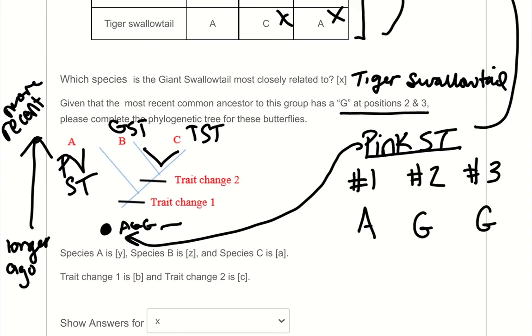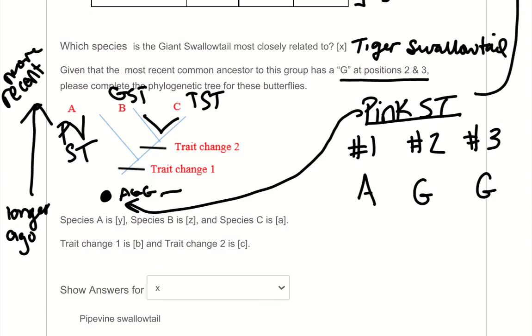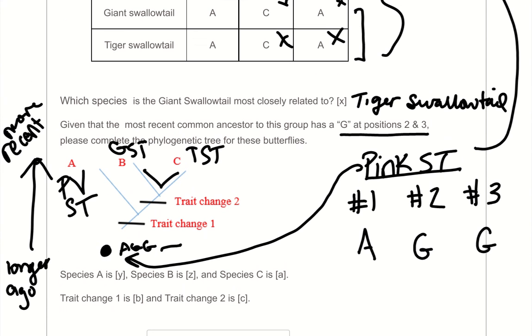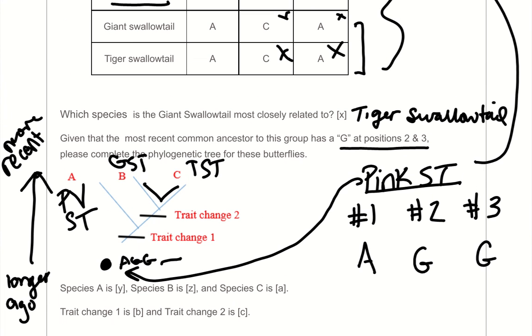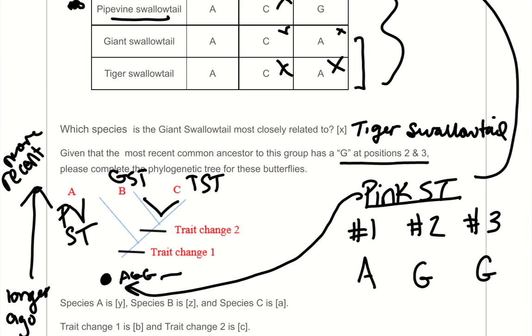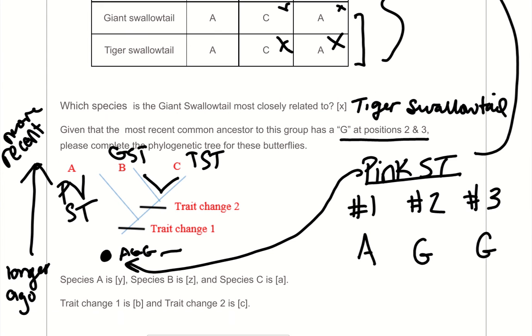And so then we're looking at the trait changes, which we know are these nucleotide sequence changes. So we know that trait change 1 happened with our pipevine swallowtail, and that trait change 2 happened with our giant swallowtail and the tiger swallowtail.